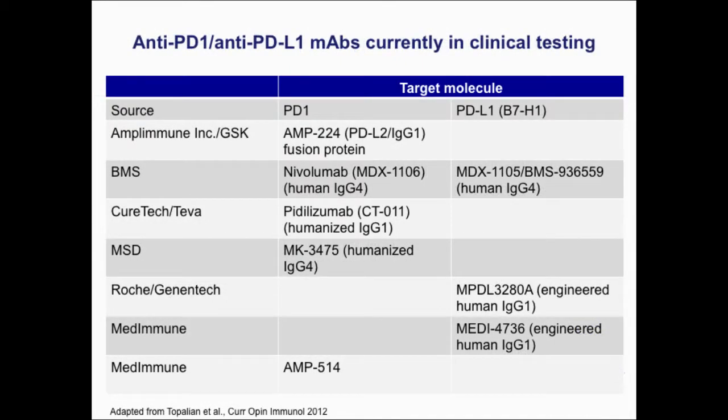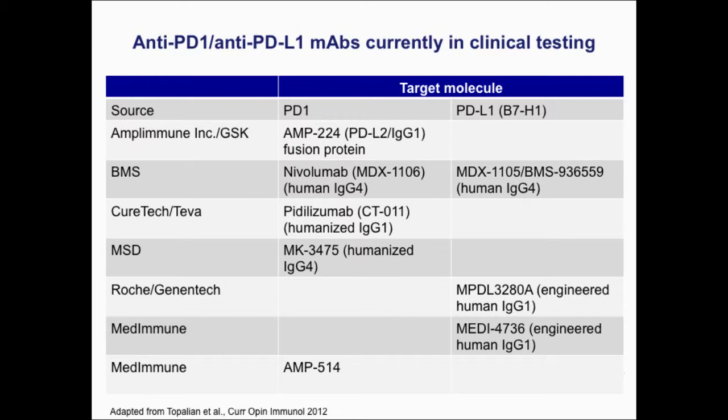So there are several antibodies now in development that can do this. For CTLA-4, there's only one monoclonal antibody presently in the clinic, ipilimumab, but for anti-PD-1, that's different. As you can see here, if you look at the anti-PD-1 antibodies, M224 is a fusion protein of PD-L2 and an immunoglobulin that can then bind to PD-1.